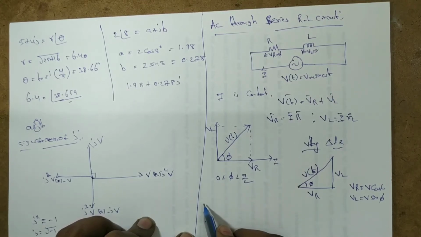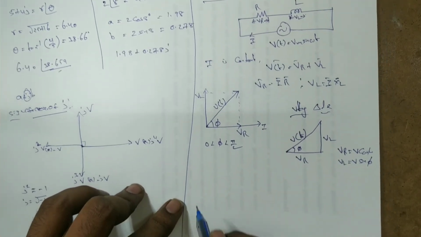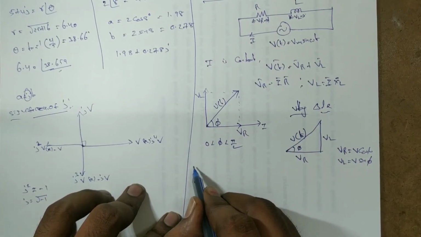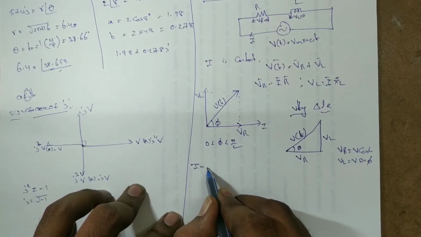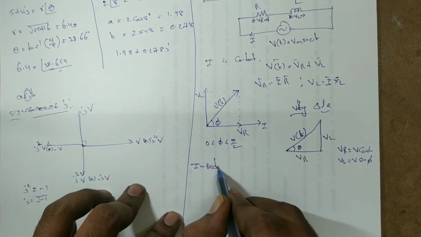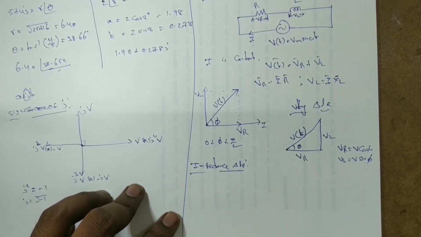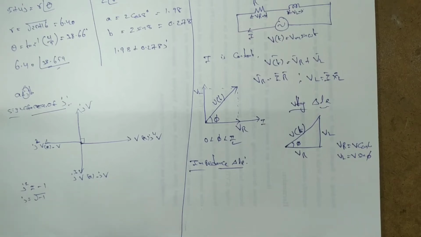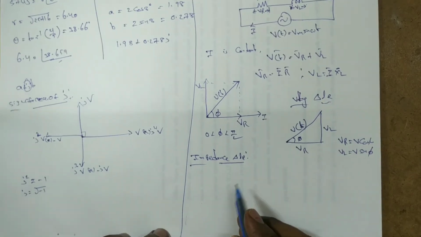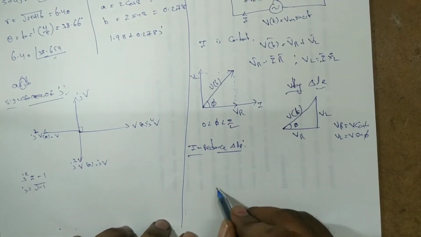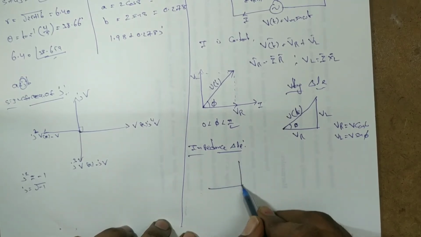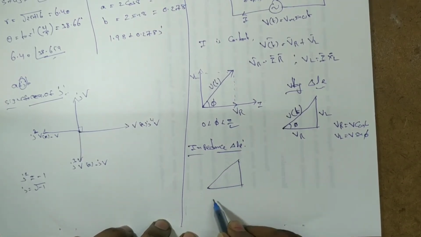Now impedance triangle. From the voltage triangle we will draw an impedance triangle. Since in the voltage triangle all sides contain only voltages, similarly in the impedance triangle all sides contain impedances. Impedance means voltage by current, because impedance Z is equal to V by I, or R equal to V by I. Now let us just consider the same triangle and divide each side by current.